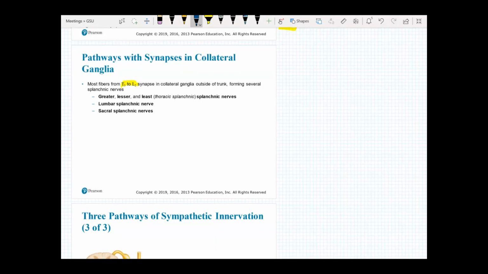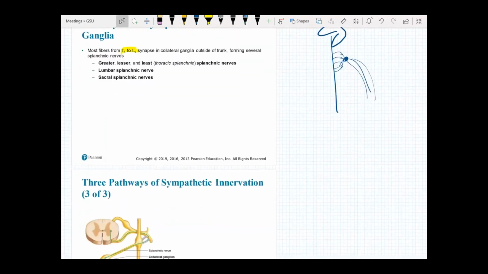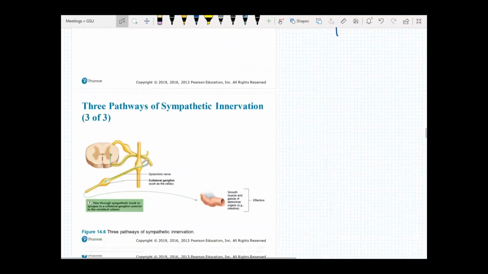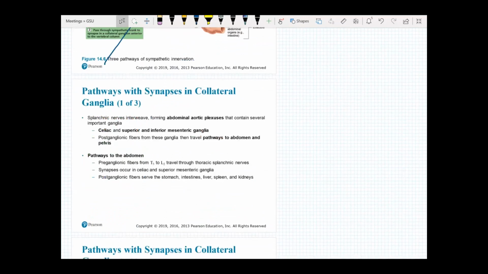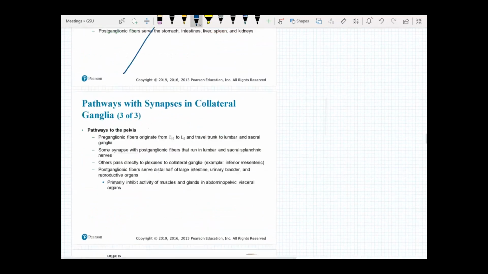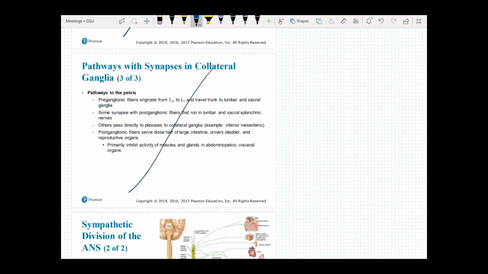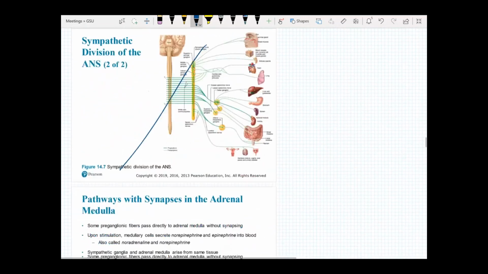Basically, if this is our brain and our spinal cord, we're going to have a lot of nerves coming off of this that are going to come together, form a ganglia outside, and then form a lot of sympathetic nerves. These are the 3 primary: the splanchnic nerves, the greater, lesser, or least, the lumbar, and then the sacral. Beyond knowing that those exist, how they all innervate is not where I'm going to place emphasis on this exam.